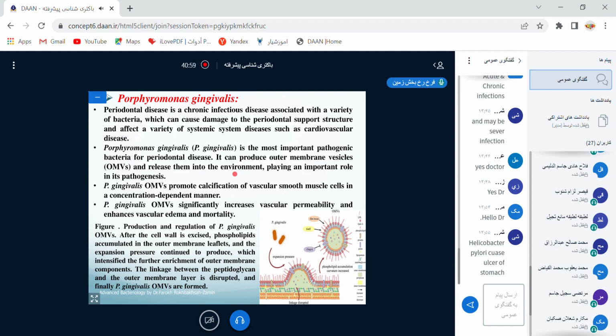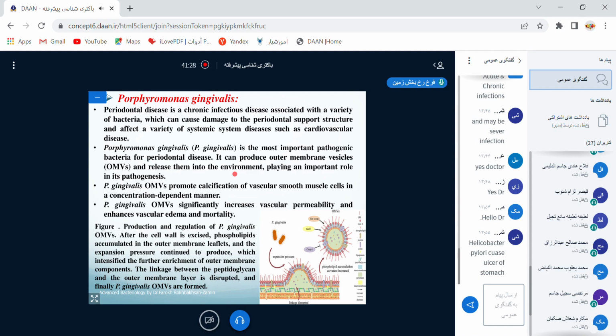So where is the environment? The place of presence of bacteria is their environment. They are living on teeth, they are living on gingiva, so they are present in the mouth. So they produce OMV and send it to our teeth, to our gingiva, and to our mouth.